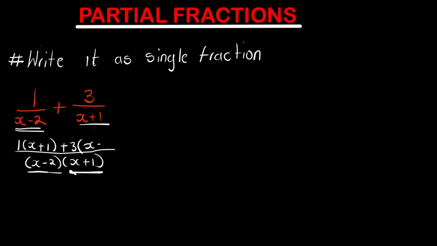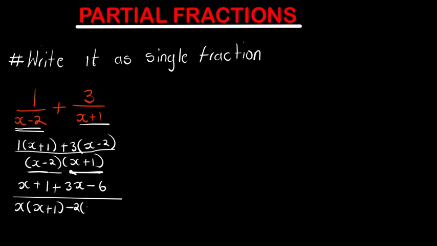Then I multiply 1 times x, so the answer there is x plus 1 plus 3 times x, so it will be 3x minus 6, over. I'll also multiply it down, meaning it will be x minus 2 times x plus 1.